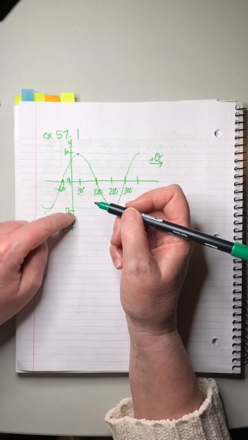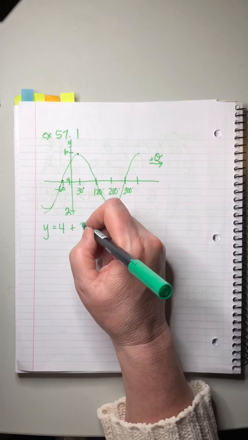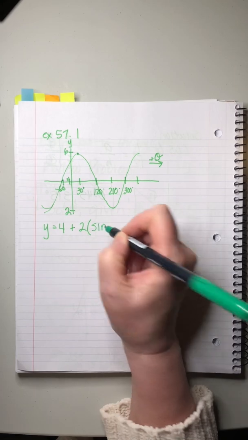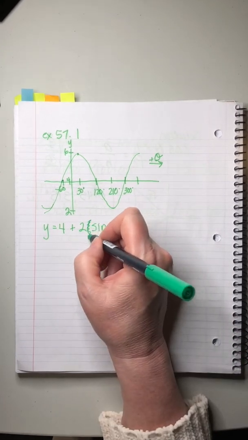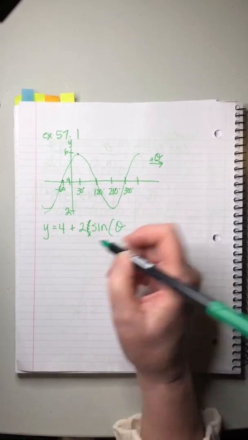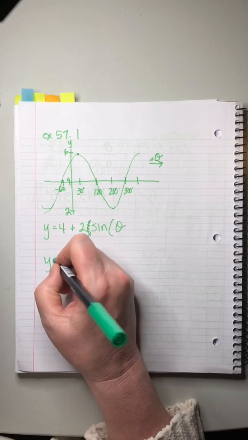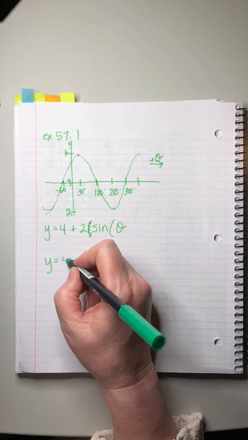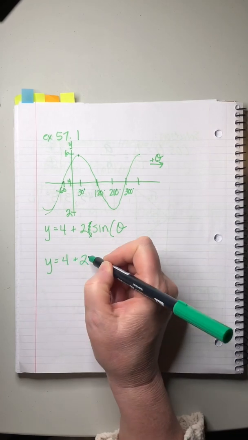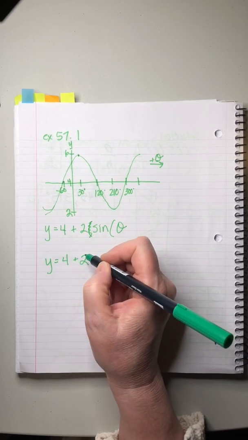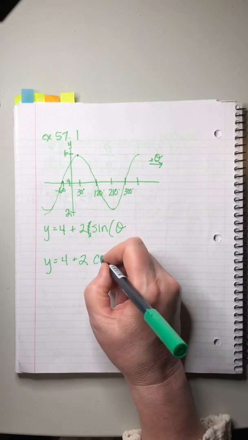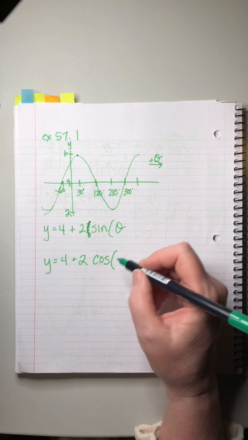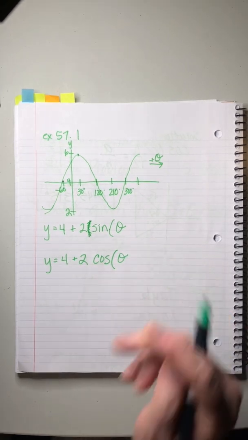From 4 to 6 and then back down to 2. 2 times, and then we're going to go sine theta. And then it'll set up the very same way because the center line and the amplitude information is exactly the same whether you're in cosine or sine. The parenthesis goes next to the argument because we're going to be adjusting the argument.